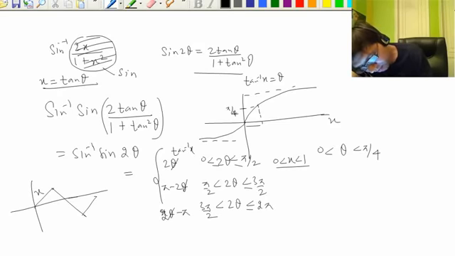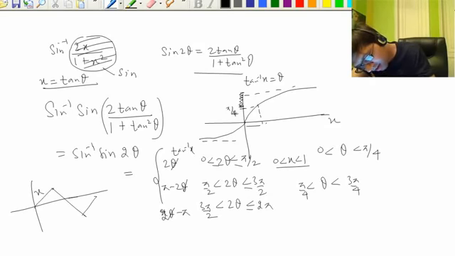And when 2 theta lies between pi by 2 and 3 pi by 2, or we can say theta lies from pi by 4 to 3 pi by 4, it means it's covering all the values, all the way up to here.